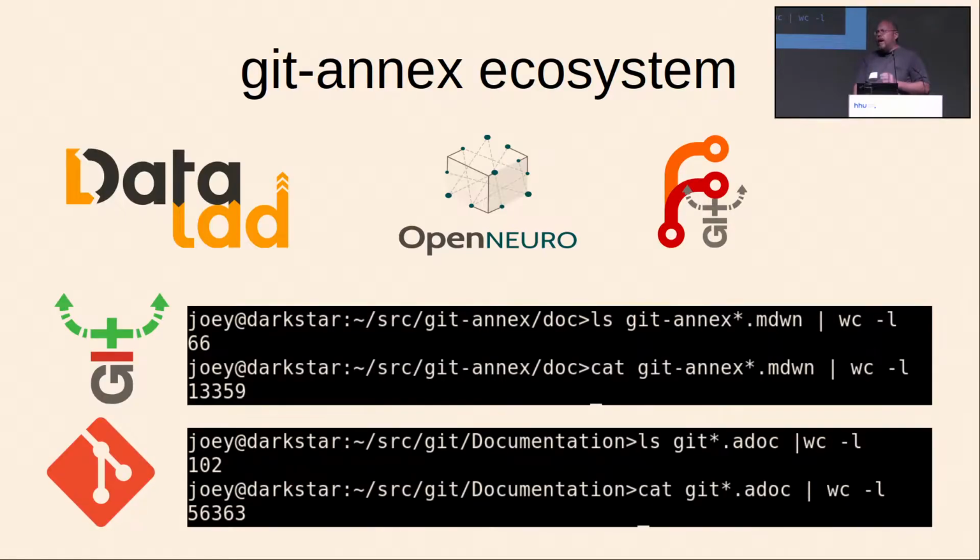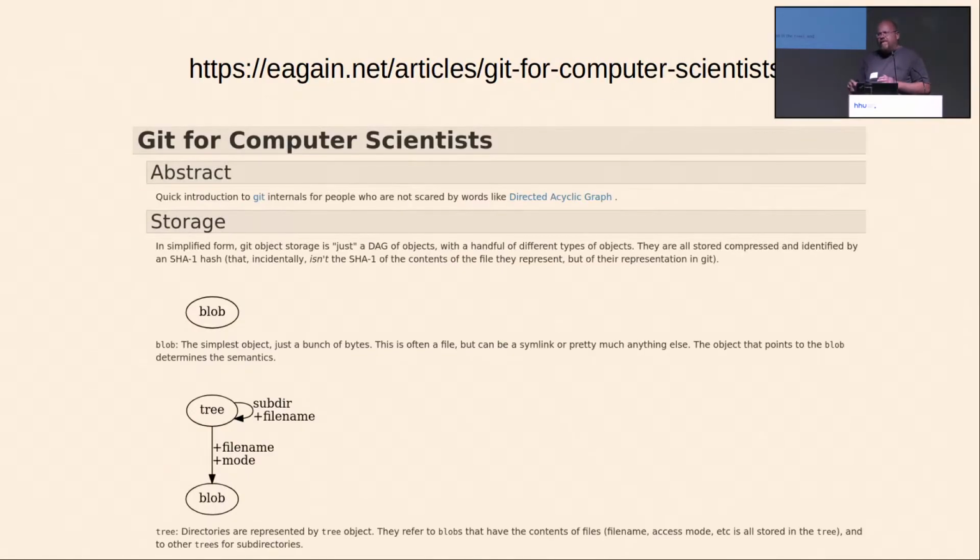So when I learned Git, I think I may have learned it from this blog post, Git for Computer Scientists, or something very like it. And this thing just says, here's Git. It's a DAG of objects. They are blobs, they're trees, they're commits, there are some references.